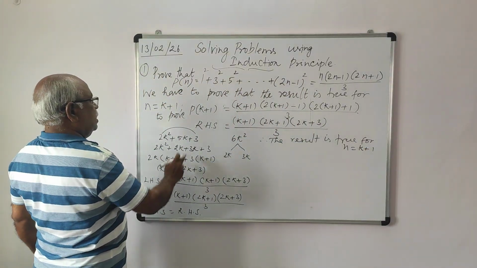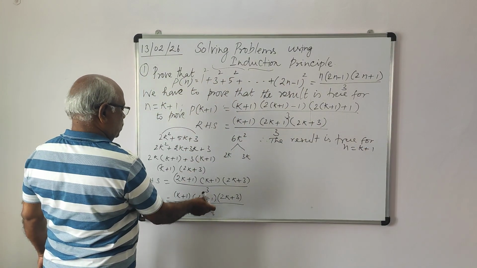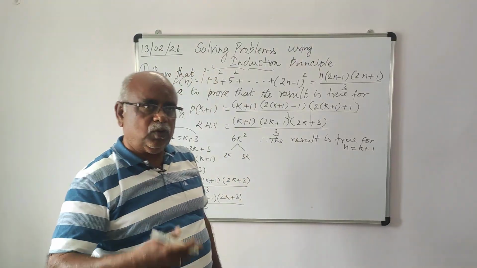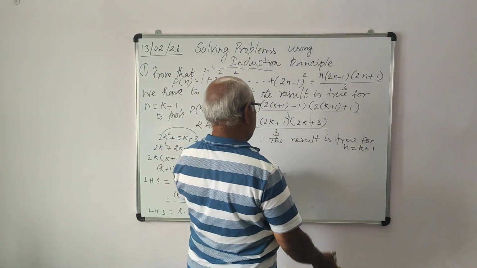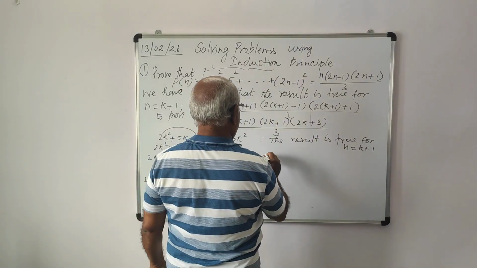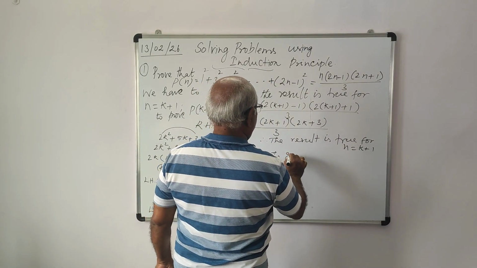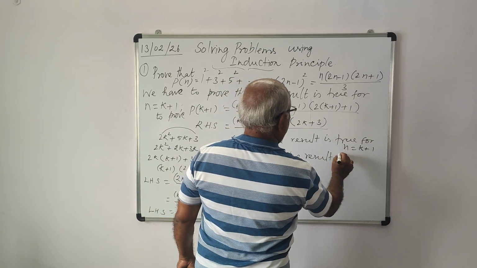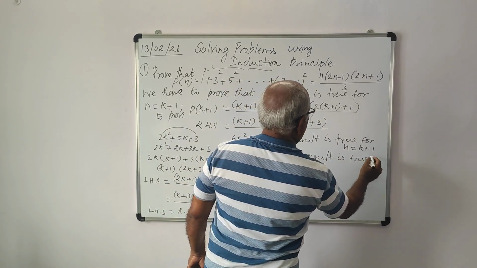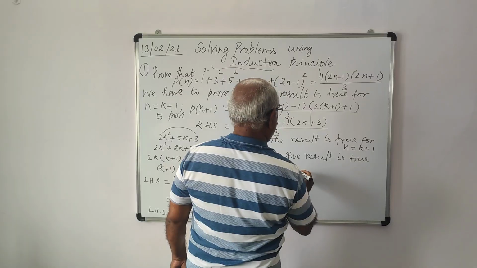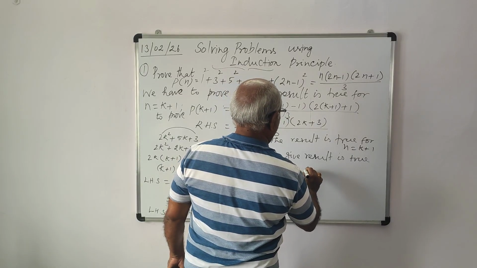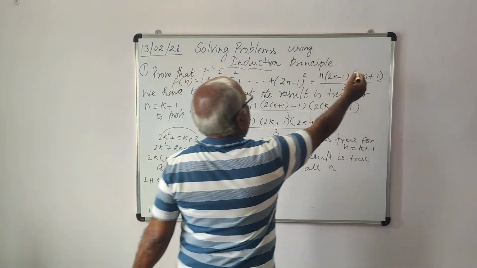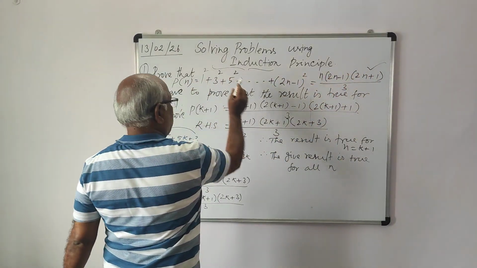Since P of k plus 1 is also true, assuming the result is true for n equal to k, and we proved that the result is true for n equal to k plus 1, therefore the conclusion step is: the given result is true for all n. That is, our step is proved.